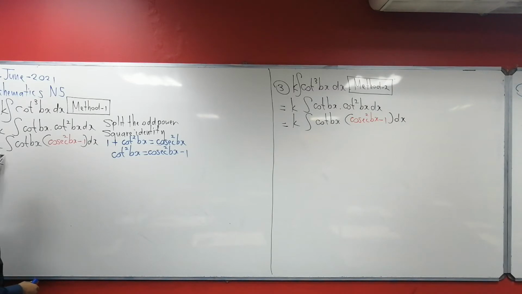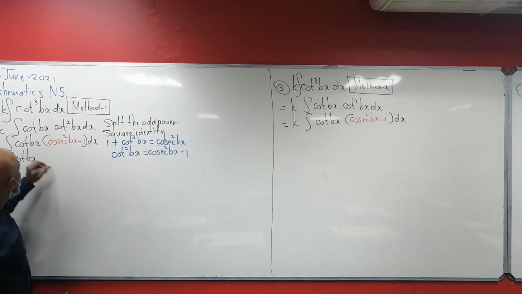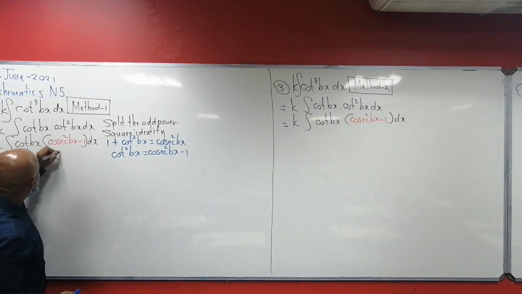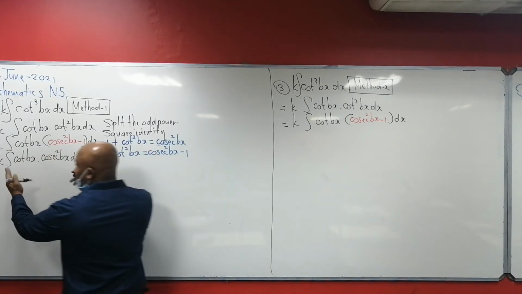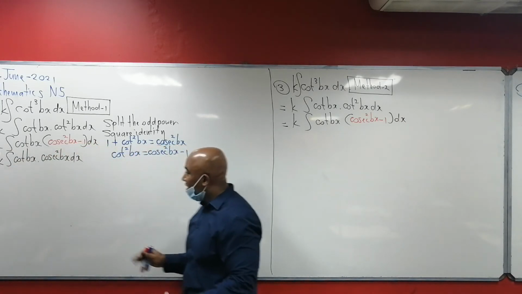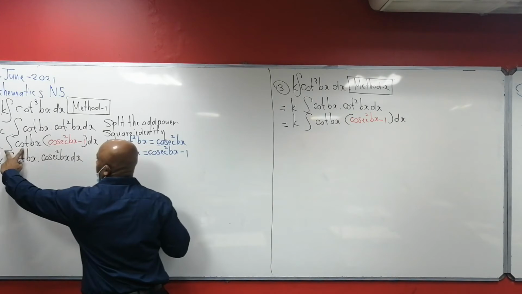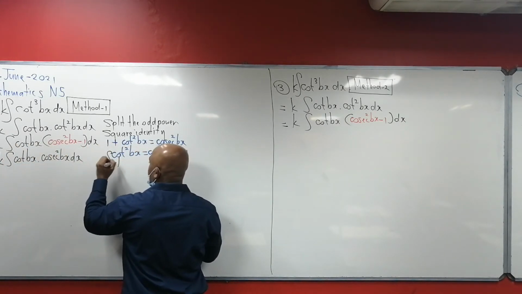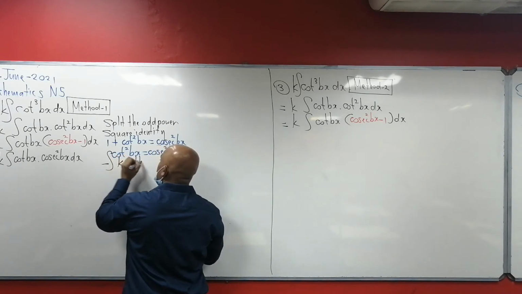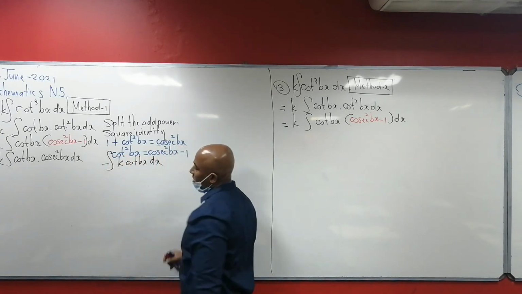So I got k times the integral of cot bx multiplied by cosec squared bx dx. Don't forget with the integration and your dx one time, separating it completely. And then k cot bx times minus 1 is minus the integral of k cot bx dx.